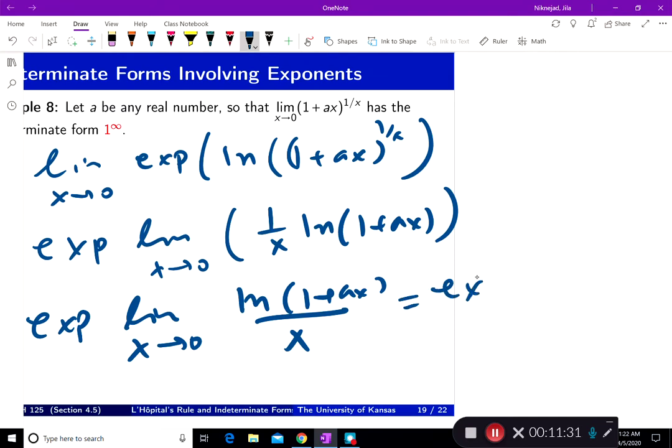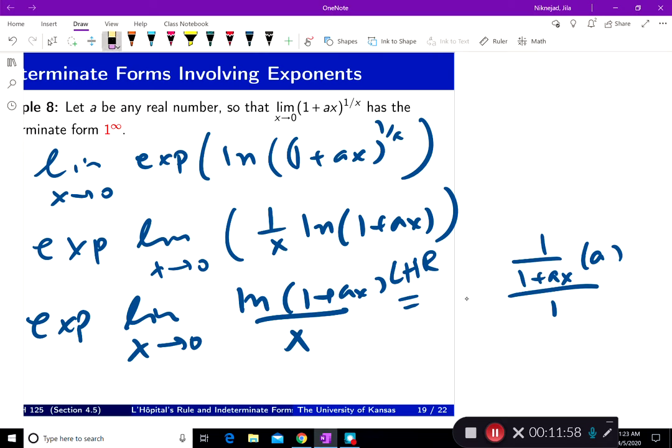So it ends up with exponential. Then I do L'Hopital's rule. This log becomes 1 over 1 plus ax times the derivative of inside, which is a. Derivative of bottom is 1. And I forgot the limits, and never forget the limits, because otherwise this entire thing becomes untrue.